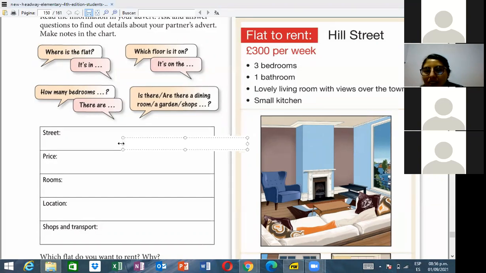TV and DVD player is like one answer. So we need one more. Have you listened? It's something like the view, with the view. No? No? Have you listened?